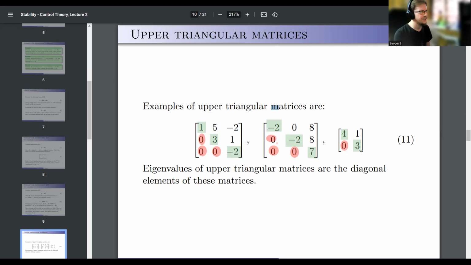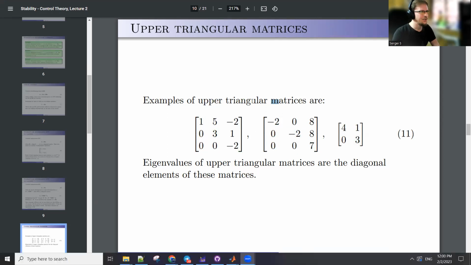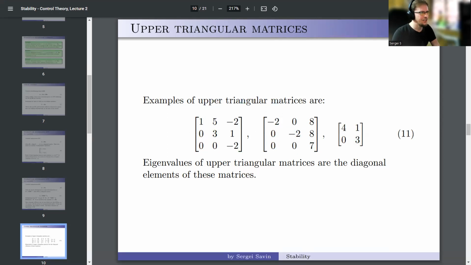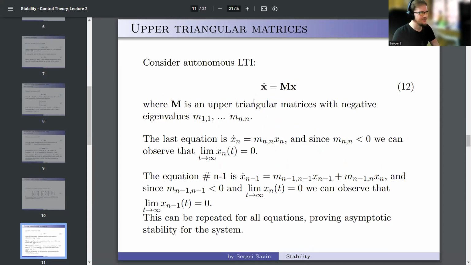I don't know if you studied upper triangle matrices in your algebra course. Yeah, we did. Okay, good. Probably as part of how to solve systems of linear equations, I guess. Yep. Okay, great.